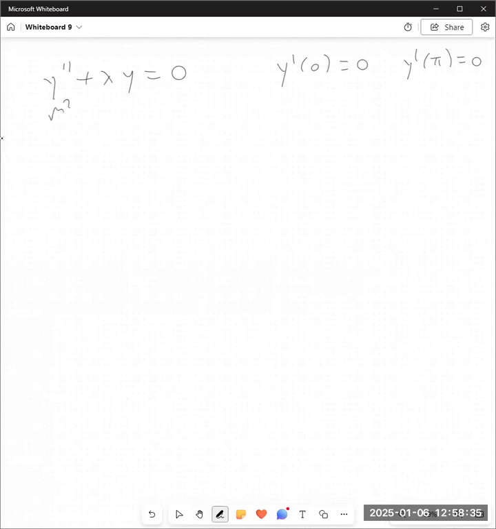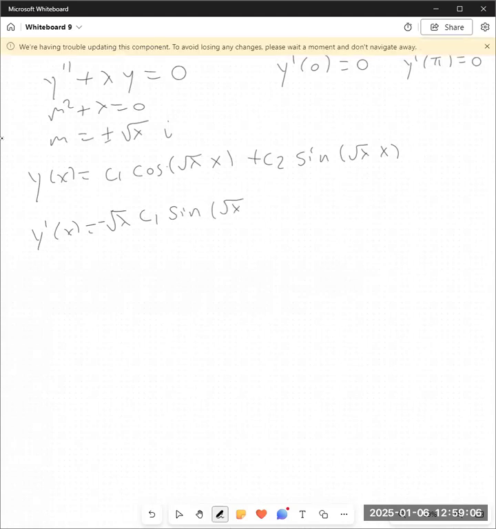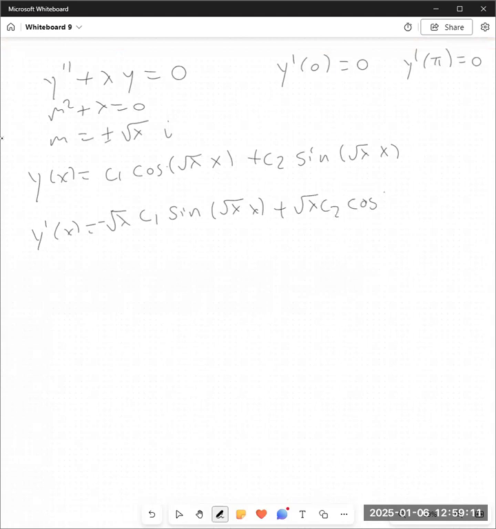So again, m squared plus lambda equals 0, m equals plus or minus root lambda i, which means y(x) is equal to c1 cosine of root lambda x plus c2 sine of root lambda x. y'(x) is going to be negative root lambda c1 sine of root lambda x plus root lambda c2 cosine of root lambda x.